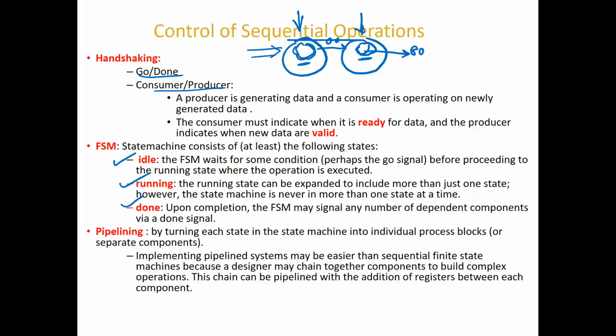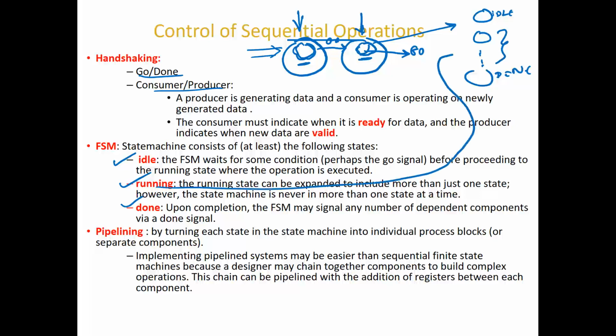So basically, if I take this and zoom in, you will see this state machine goes something like this: the first state is idle, and the last state is done. And in between there are one or more states which represent the run. Now, you can think of this also as a consumer-producer problem.